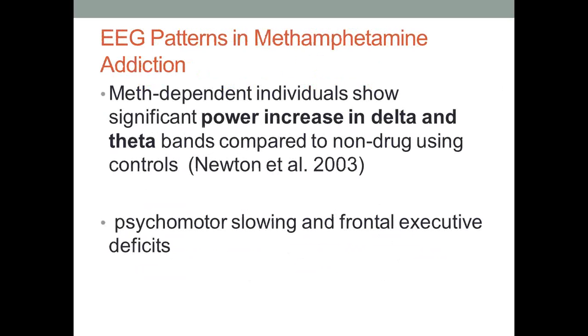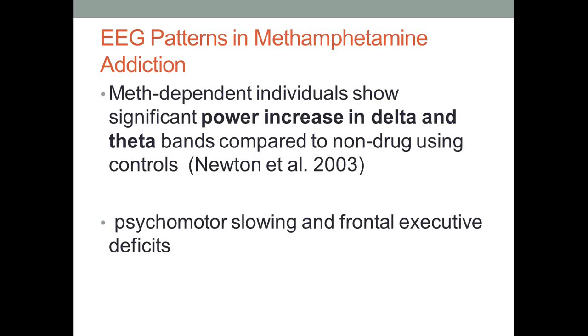EEG patterns in methamphetamine addiction: basically, meth addicts will show significant power increase in delta and theta bands compared to non-drug using controls. Two or three years ago, we had a female at the addiction center who was a chronic meth user for 20 years, and they were seeing symptoms of early dementia around age 40.